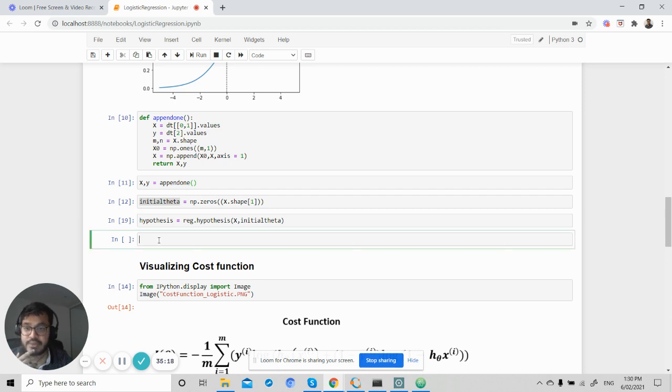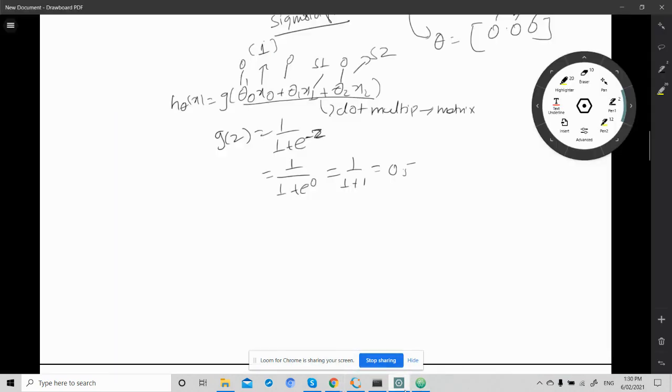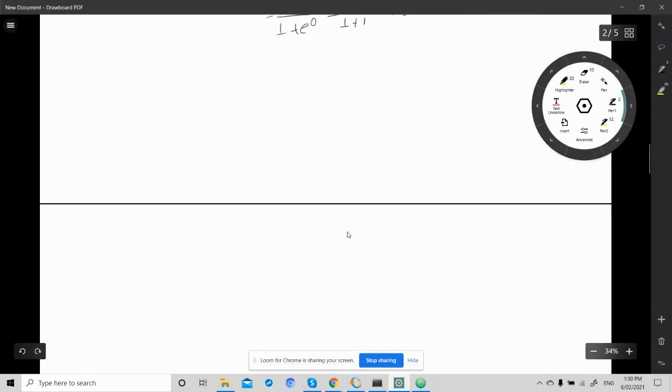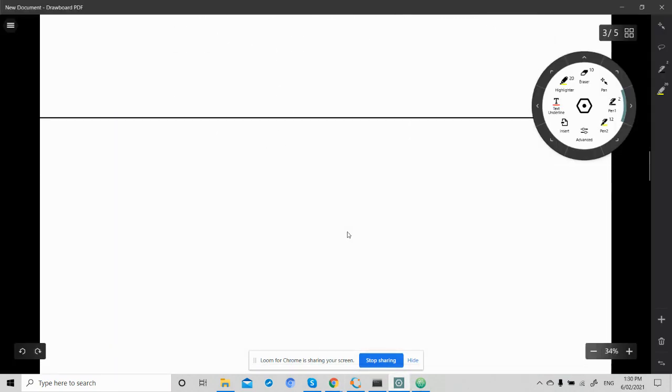So we have written the hypothesis, and now what we need to do is write a cost function. So remember what I told you: probability of y equals 1 given x parameterized by theta plus probability of y equals 0 given x parameterized by theta is equal to 1.